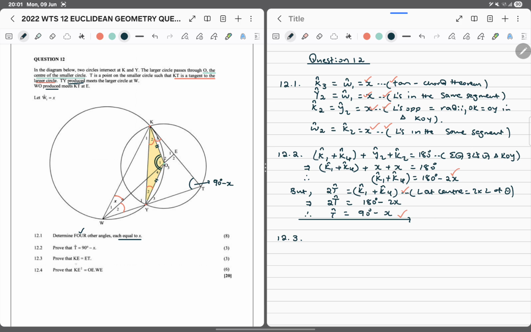12.3. We now need to prove that KE is equal to ET. So we need to prove that this line is equal to that line. Okay, so what helps us to do our job here? Well, if we look at our triangle, we know this angle, we know that angle, we are missing this angle.